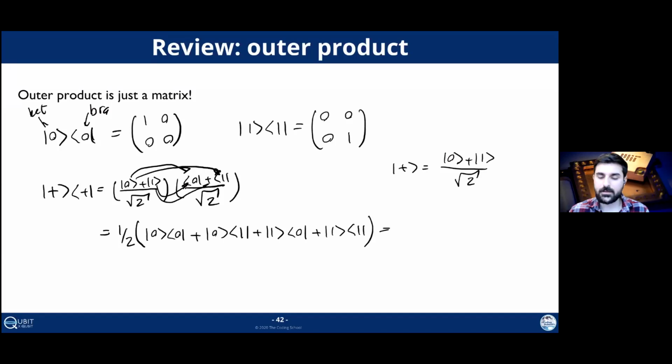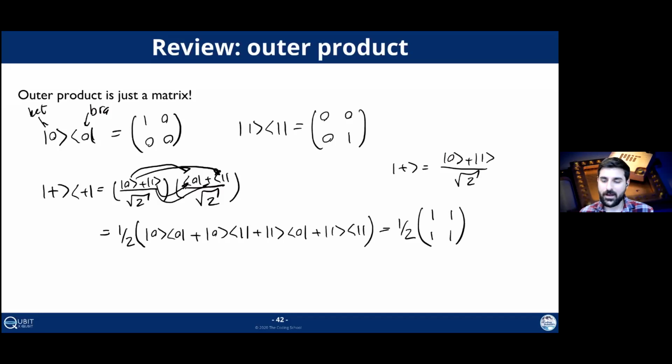And then, as I discussed earlier, each of these, like 0, 0 or 0, 1, tells you which matrix element is a 1. So I'm going to keep the 1/2 here. I have a 0, 0 element here, which means that for my 0, 0 element, I can put a 1 there. I have a 0, 1 element here, which means that I can put a 1 for the 0, 1 element. I have a 1, 0 element and a 1, 1 element. So that's what the matrix looks like.